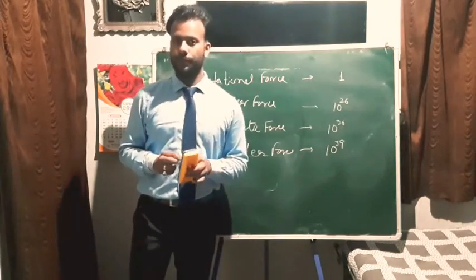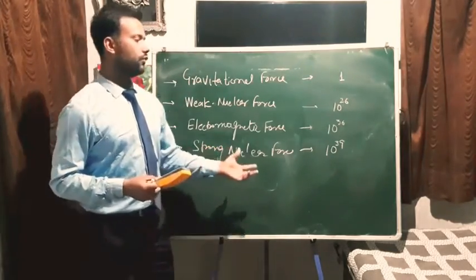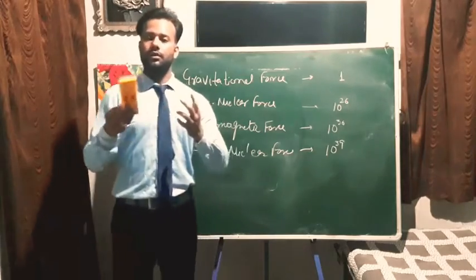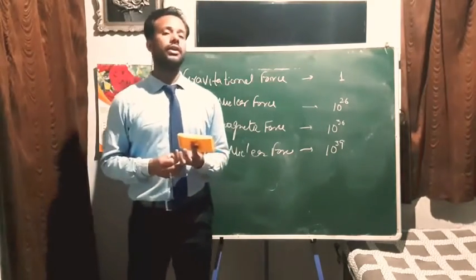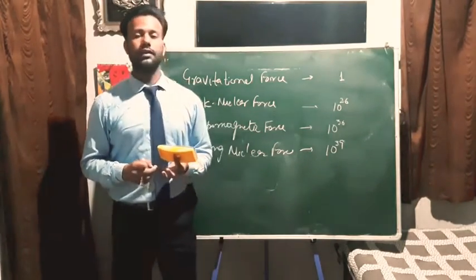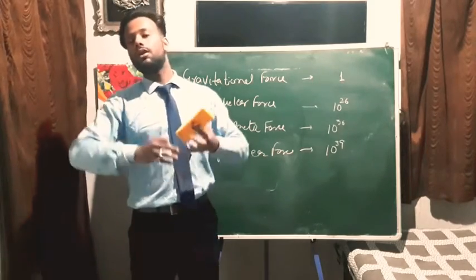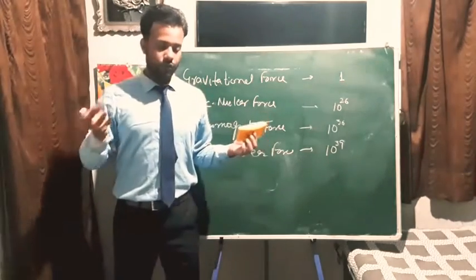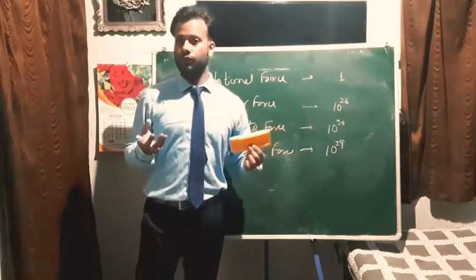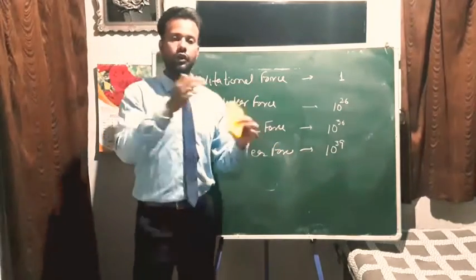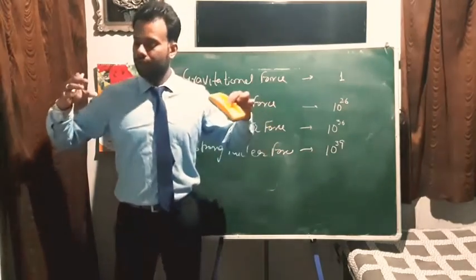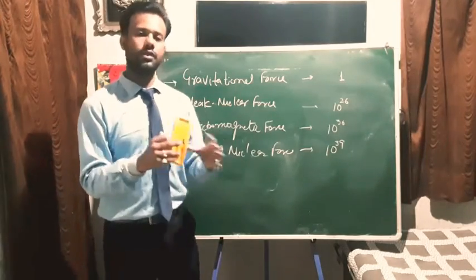Now the last, the strong nuclear force, and I think you can figure it out, that if there is no strong nuclear force, then the stability of the nucleus will vanish, because the nucleus is stable due to the strong nuclear force. The protons and neutrons are bound together due to this force.